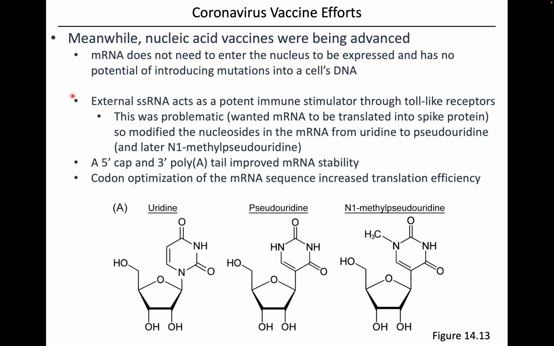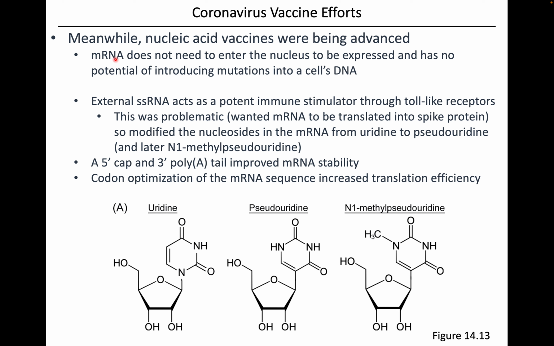And in the meantime, there was a bunch of advances happening in terms of creating nucleic acid vaccines, because as we talked about in our earlier vaccination chapter, usually vaccines were either live virus, inactivated virus particles, or maybe individual proteins from a virus, but there really hadn't been a lot done with nucleic acids.